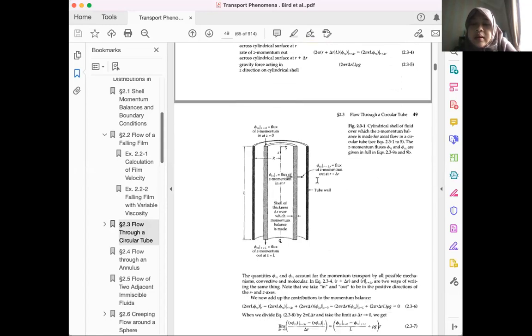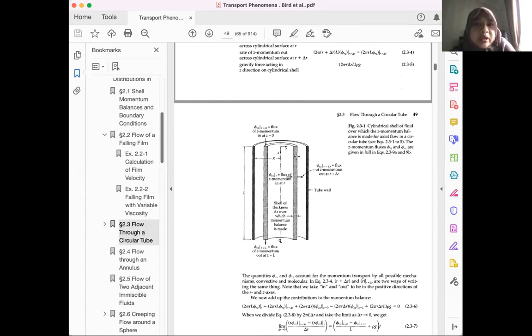Let me open the book then. Maybe this one. Okay, so this area that I'm talking about here is actually the shell. It doesn't really matter if you use a closed system or open system.